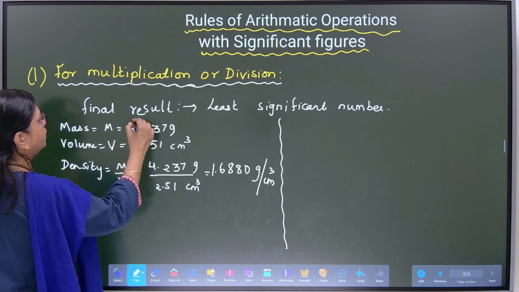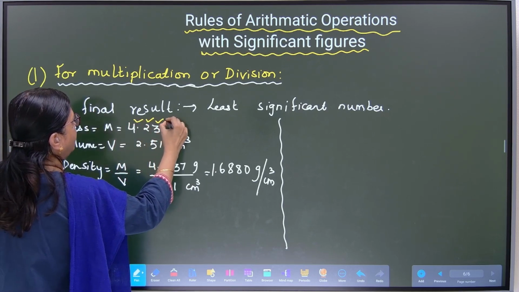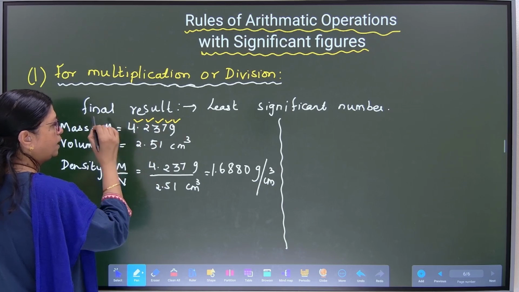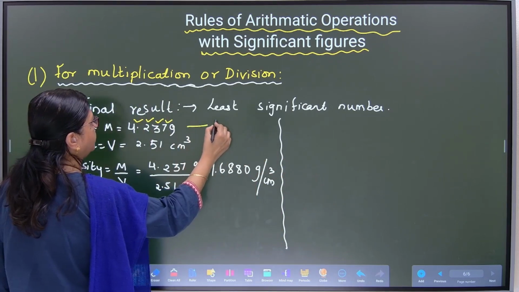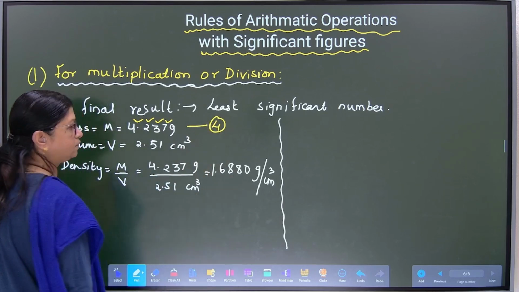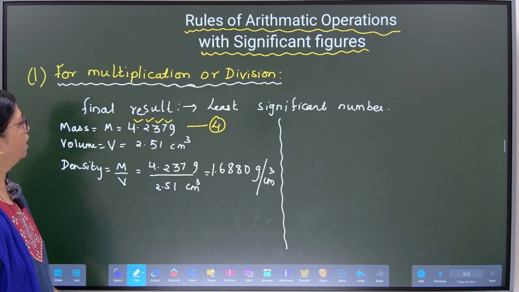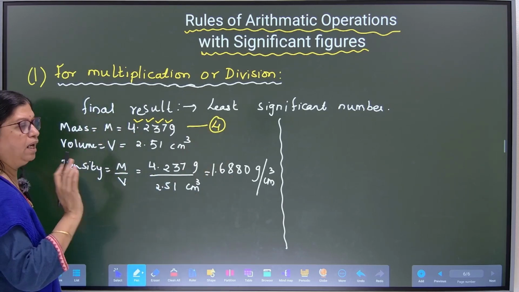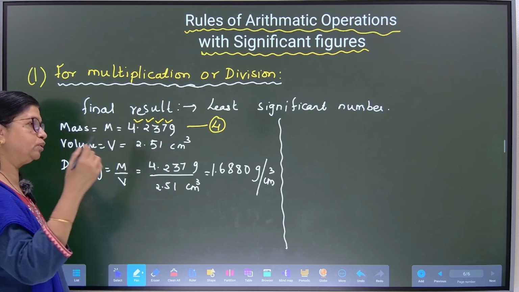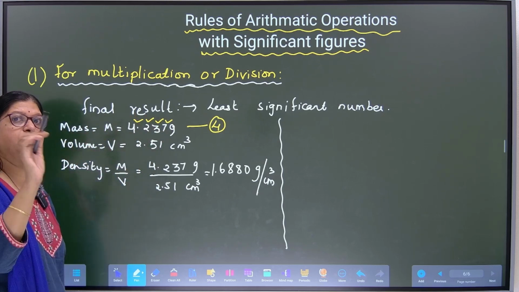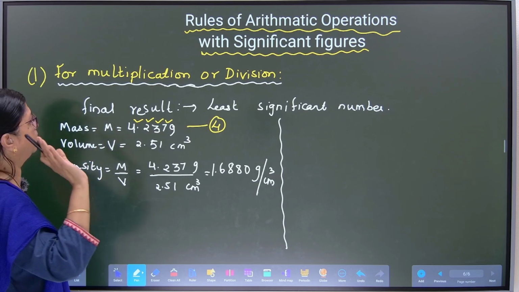So according to the rule of finding out significant figures, there are 4 significant numbers in this value given for mass. Okay, it has a decimal and there are no zeros. So all the numbers which are non-zeros are significant. This is just again a revision of how to find out significant numbers also.